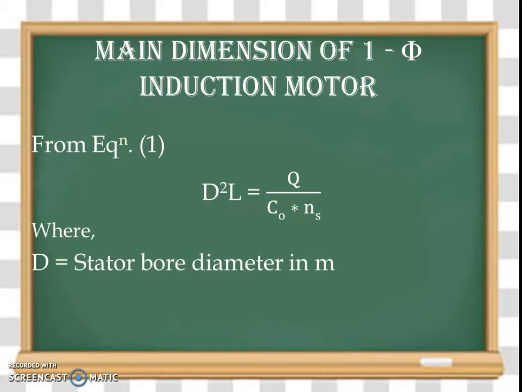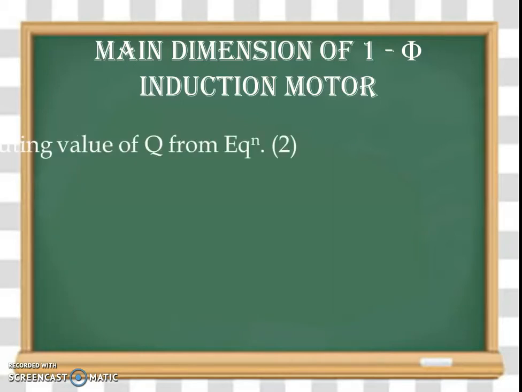D is the stator bore diameter in meters, and L is the stator core length in meters. D and L are known as the main dimensions of the single phase induction motor, and together D square L is known as the volume of the machine.